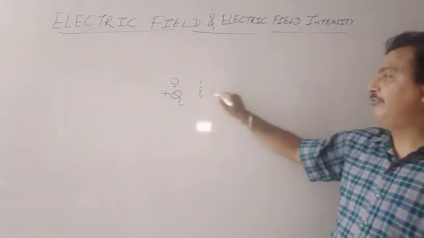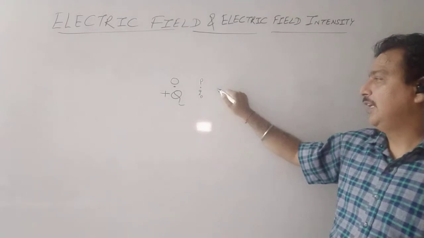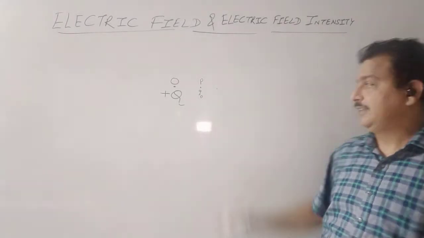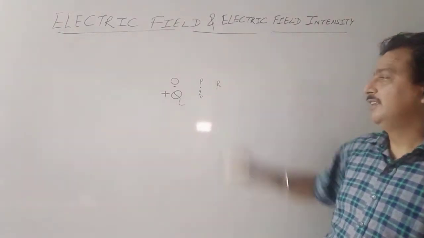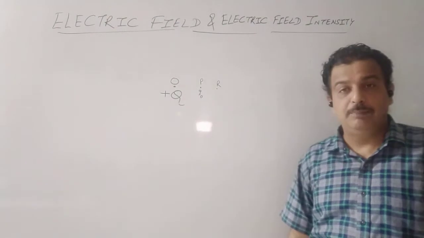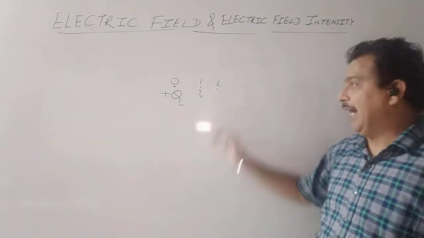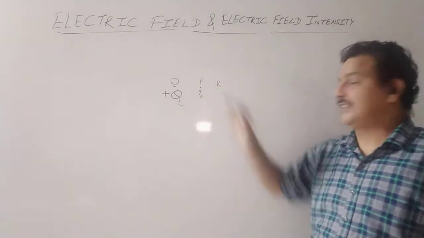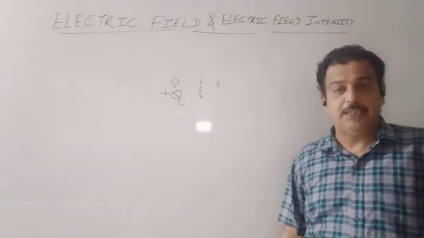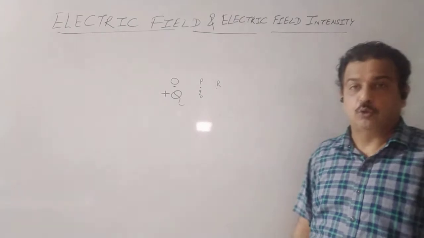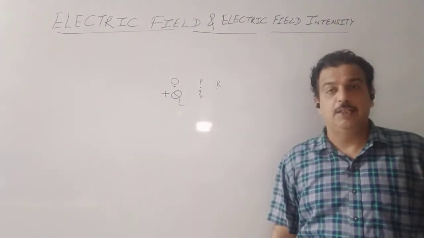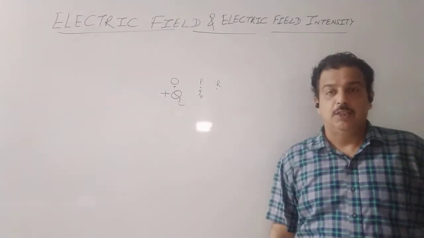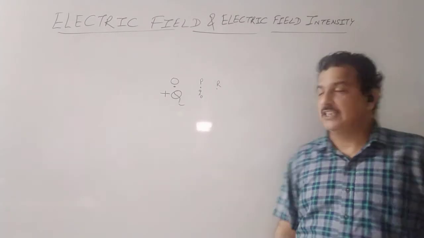Similarly, if I keep this Q0 a little bit far away, say at point R, then again it will be repelled, and the repulsion at R will be less than the repulsion at P, because we know the Coulomb force obeys the inverse square law, that is, it is inversely proportional to the square of distance.